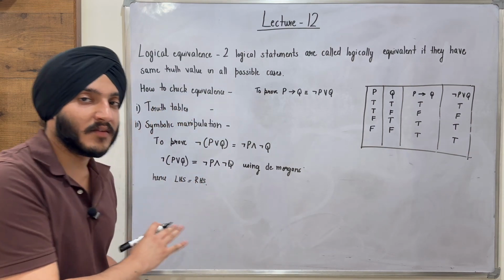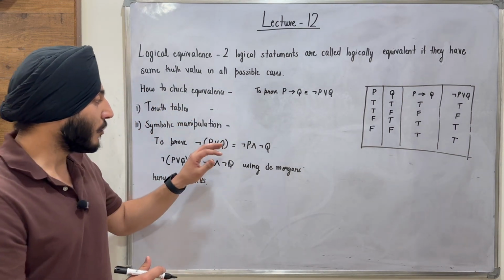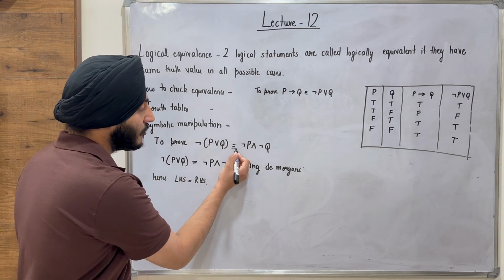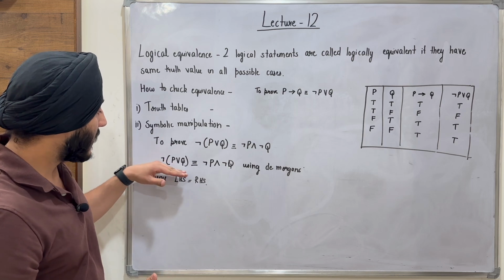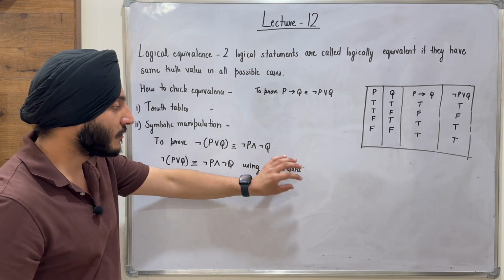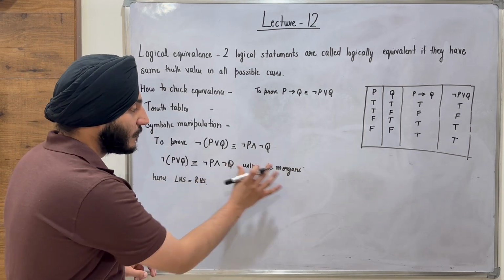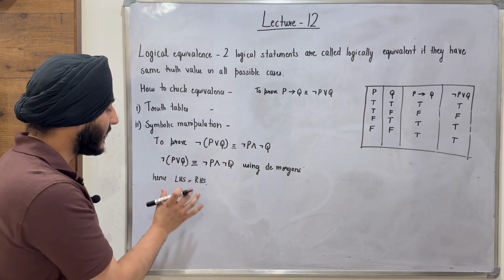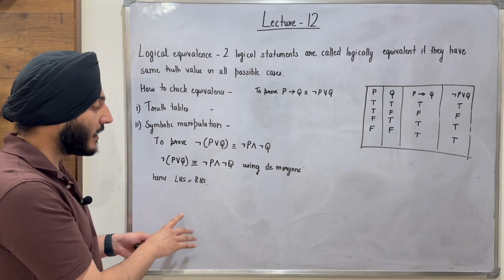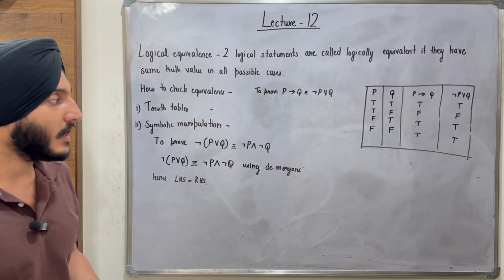This is a very small and very basic example. Basically, I had to prove that they are logically equivalent, so I used this equation and De Morgan's law. Using De Morgan's law, we already know that these two statements should be equivalent, and that is why finally I wrote down that the left hand side is equal to the right hand side.